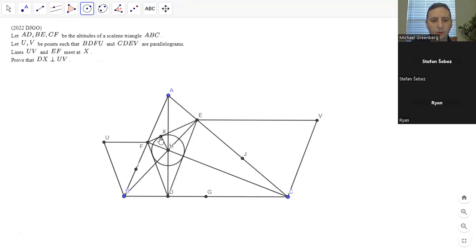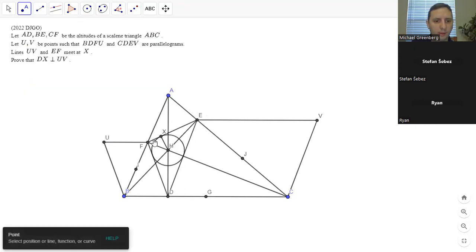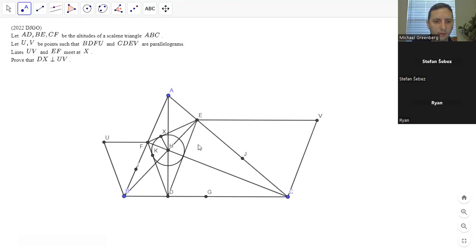Because if we could show that XF over FU is XE over EV, then that would solve it. So XF is FK and XE is EL. So that's the same as saying FK over BD is EL over CD.